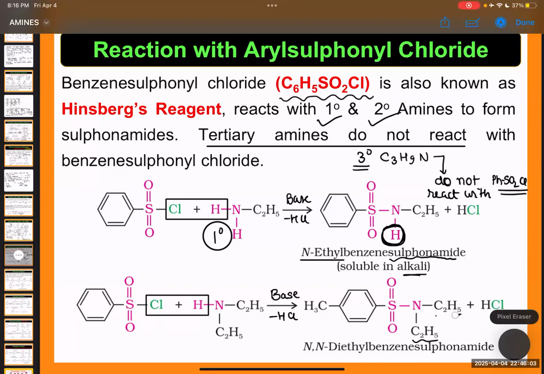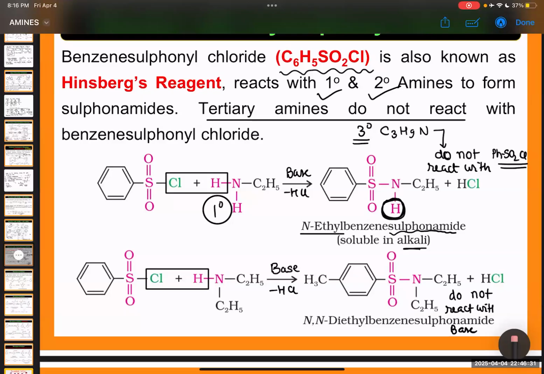Sulfonamides of secondary amines will not react further with base. Why? What could be the reason? They do not react with NaOH or KOH because they do not have any hydrogen.